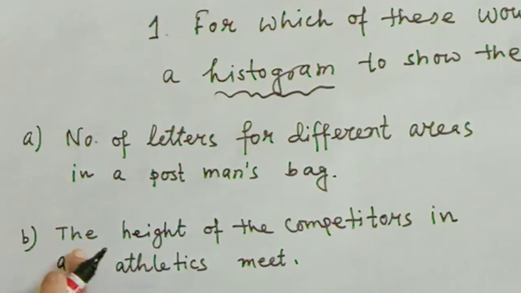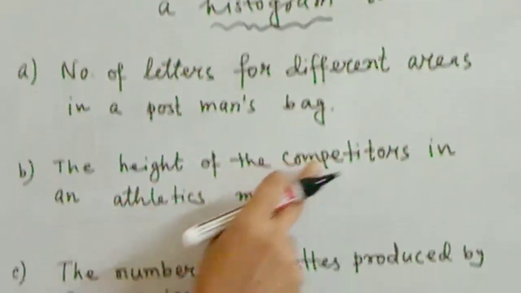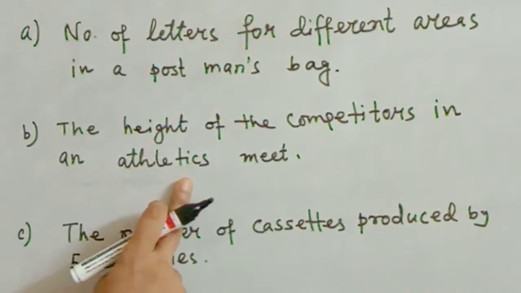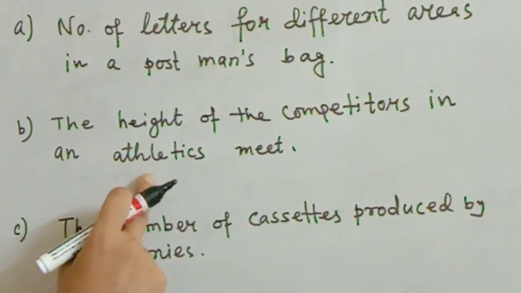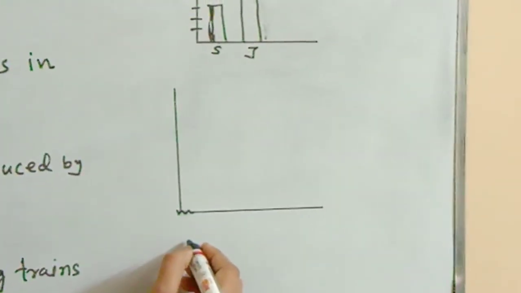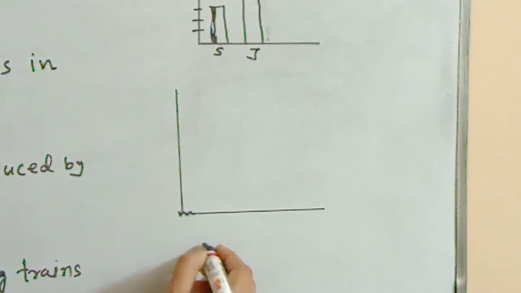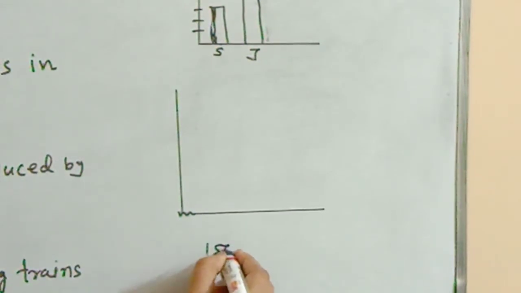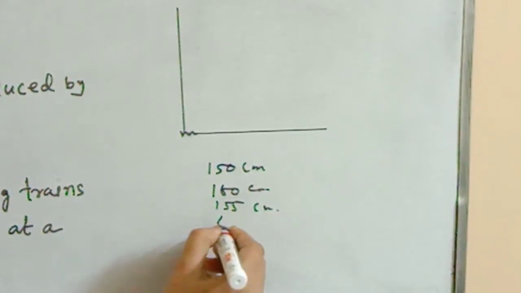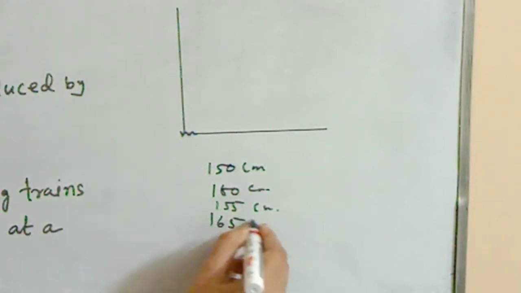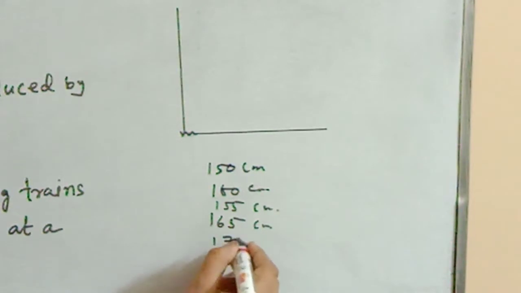Now come to the next one, the height of the competitors in an athletics meet. Say the heights are 150 centimeter. The raw data we are taking is 150 centimeter, 160 centimeter, 155 centimeter, 165 centimeter, 170 centimeter.